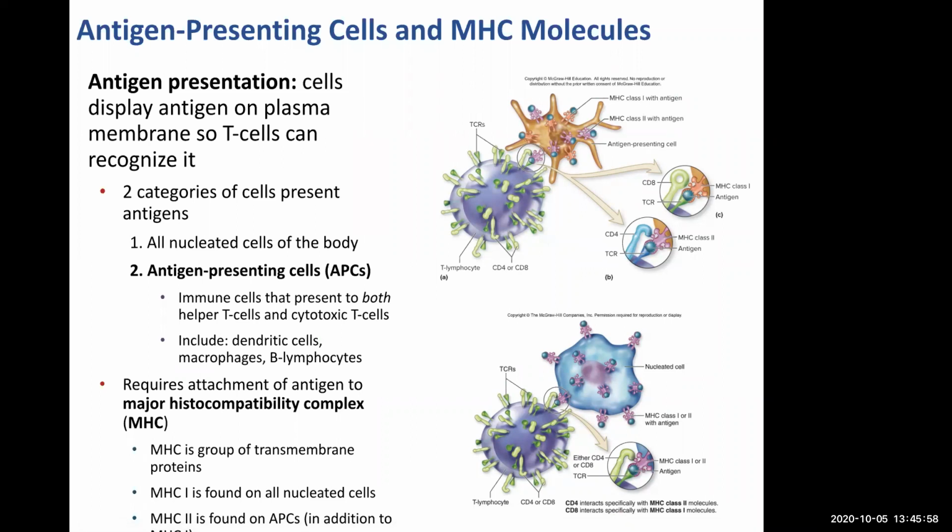MHC class 2, you only find on the surface of professional antigen presenting cells. Those cells specifically are B cells, cells called dendritic cells, and macrophages. And macrophages are the same cell as monocytes. They're called macrophages when they are in the tissue, and they're called monocytes in the blood, right?